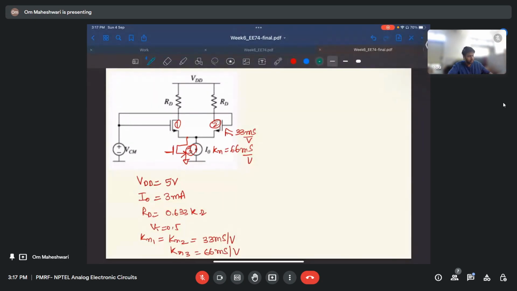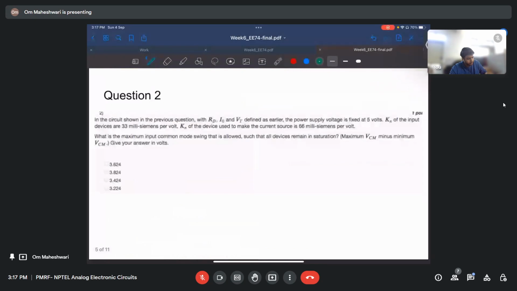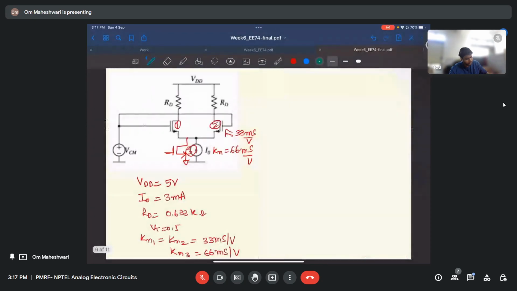Okay, so what we have to find now is the maximum input common mode swing. What they're saying is, what is the maximum change in this VCM that we can apply so that this circuit still works. So they are talking about swing, right? We have to find the maximum minus minimum swing.